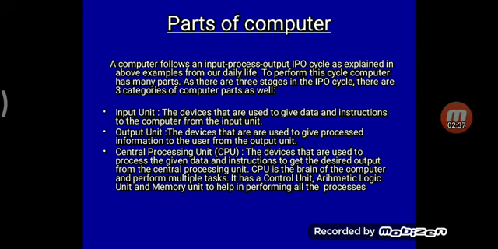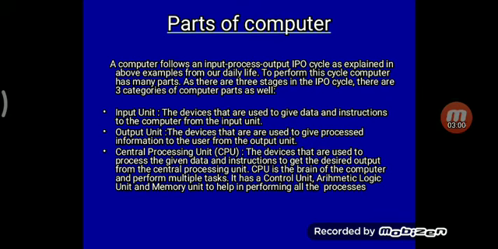Central processing unit, CPU. The devices that are used to process the given data and instruction to get the desired output form the central processing unit. CPU is the brain of the computer and performs multiple tasks.